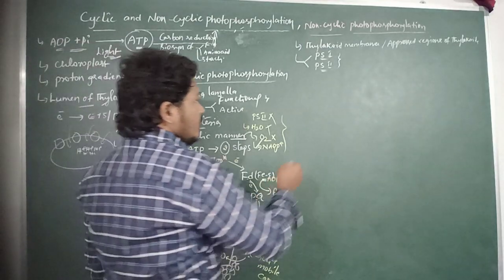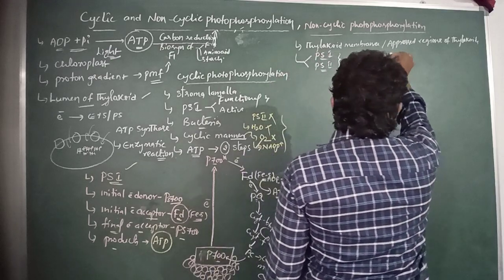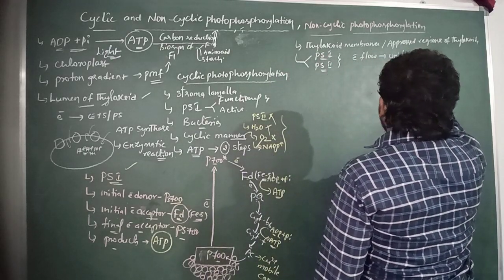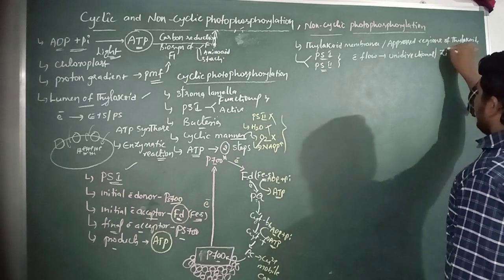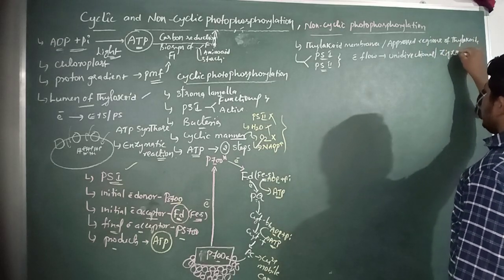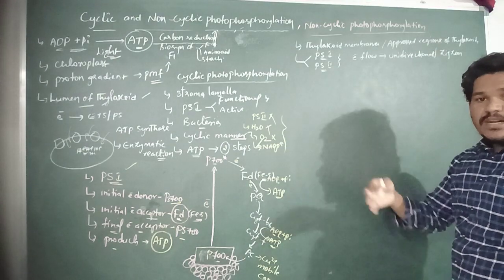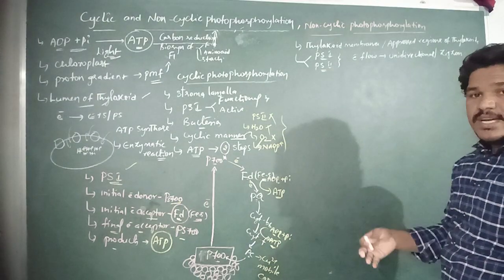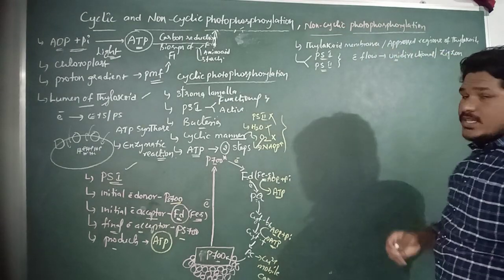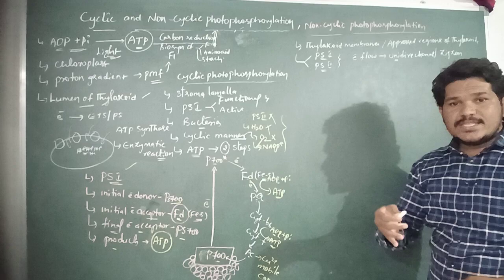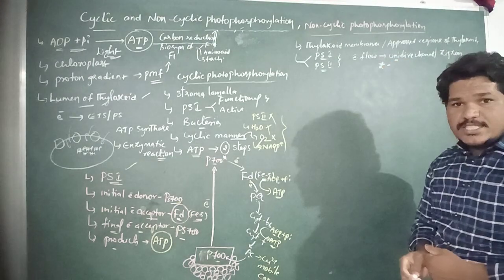The electron flow in non-cyclic photophosphorylation is unidirectional and zigzag, so the non-cyclic photophosphorylation appears as a Z shape.